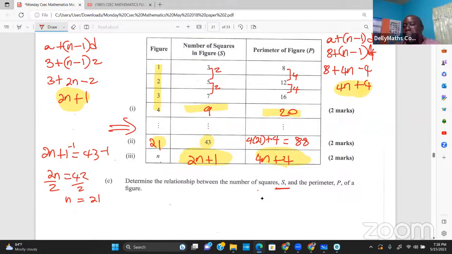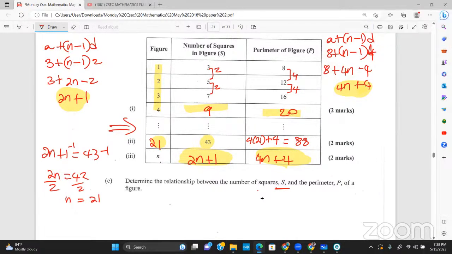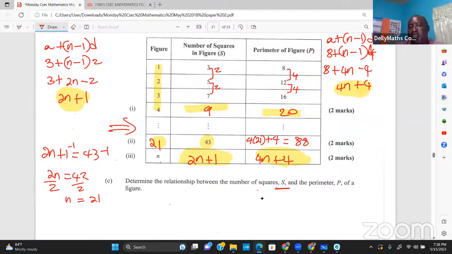Exactly. Take a look, man. So 2 times S plus 2 more gives you the thing. You see it? Yes, sir. So 2 times 3, we could work it out. 2 times 3, 6 plus 2, 8. Right? And if you have 5 times 2, you get 10 plus 2, you get 12.